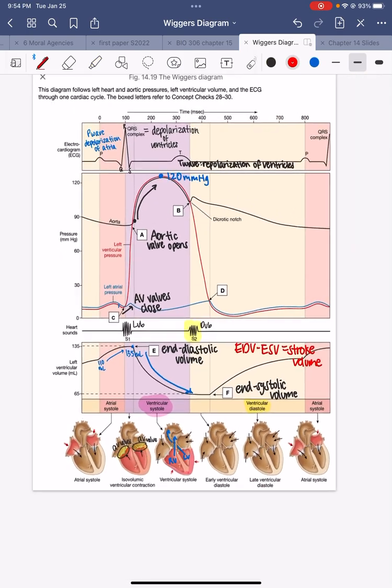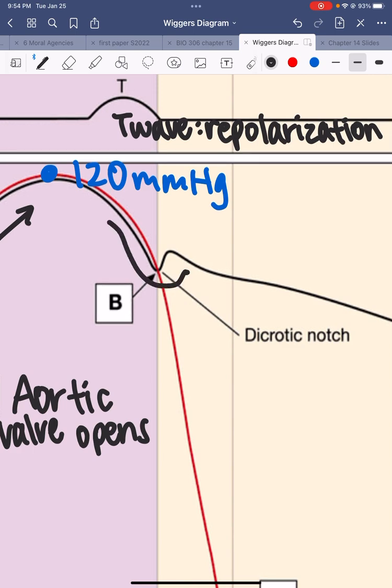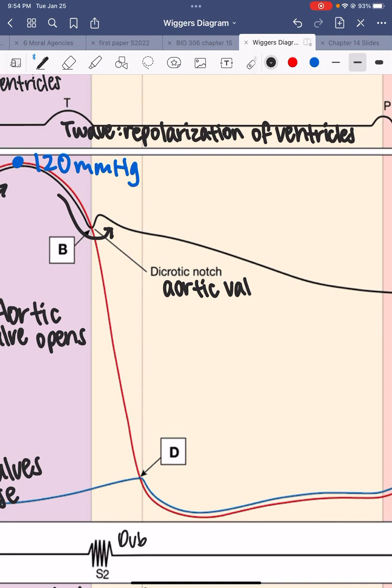So now, referring back to the pressure line on the Wiggers diagram, we can see that right when ventricular diastole begins, the aortic pressure drops slightly and then increases again. This right here is called the dicrotic notch, and it occurs right after the aortic valves close. And I will write that down right next to it.